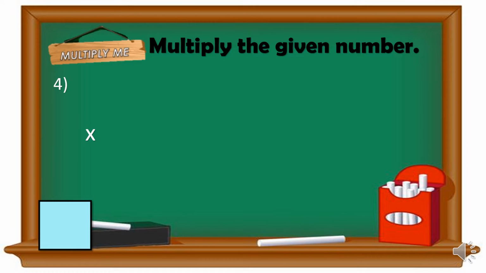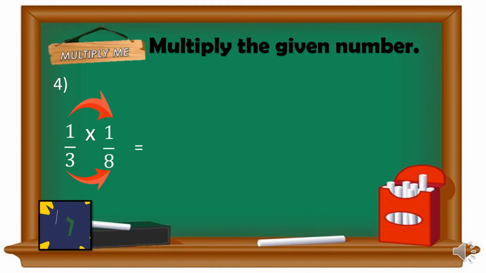Next, number 4. So we have 1/3 times 1/8. Okay, so it's time for you to answer this. Okay, so we have 1 over 24.